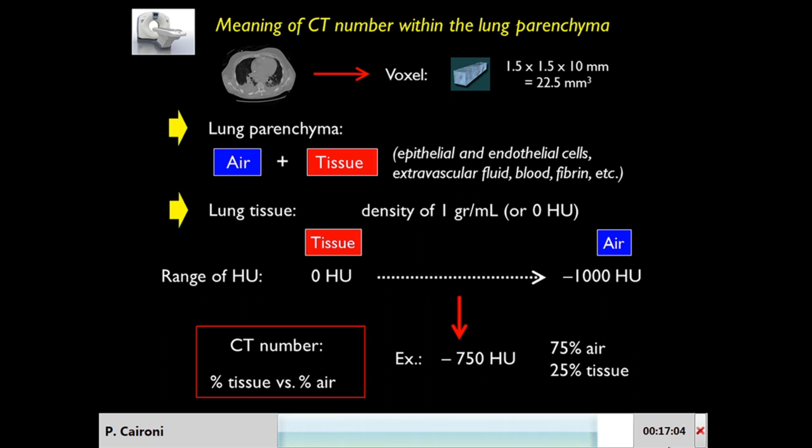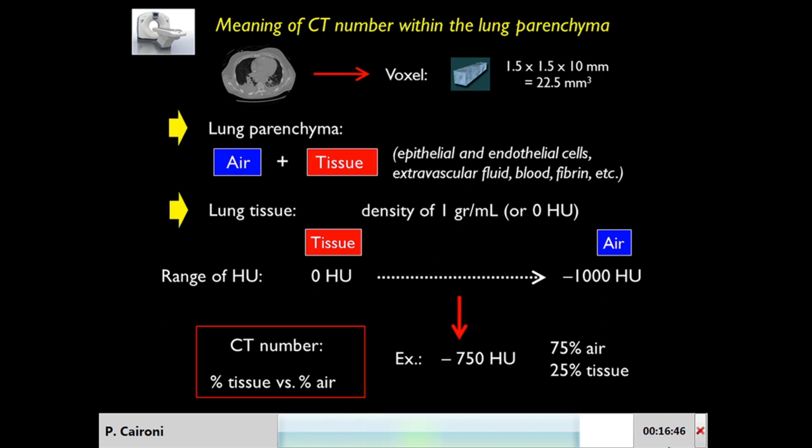So it follows automatically that if we have a voxel with minus 750 Hounsfield units, this means that that voxel or lung region has 75% of air and 25% of tissue.